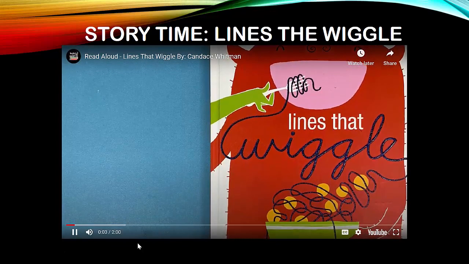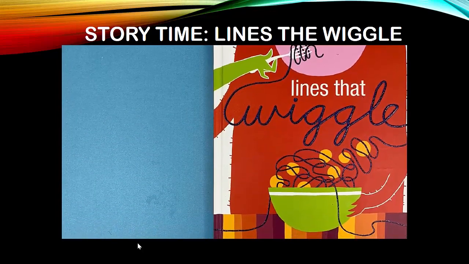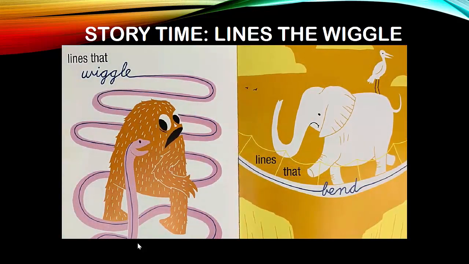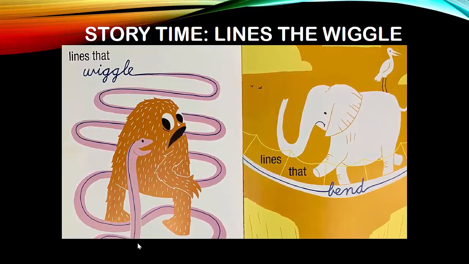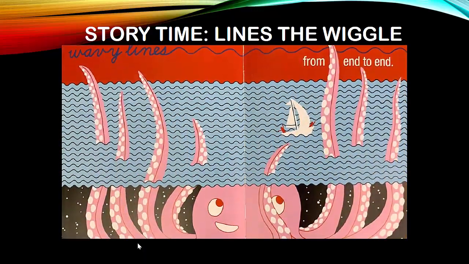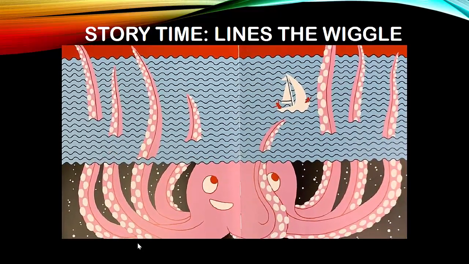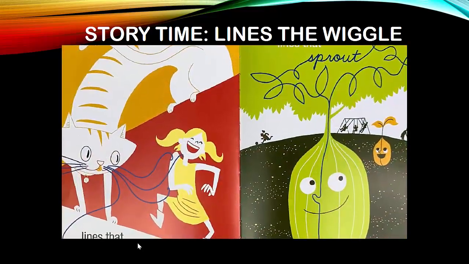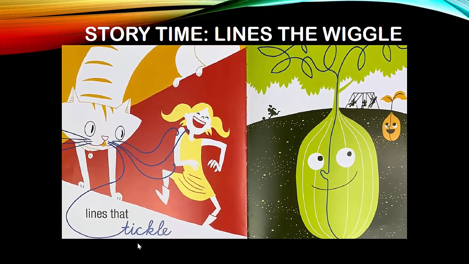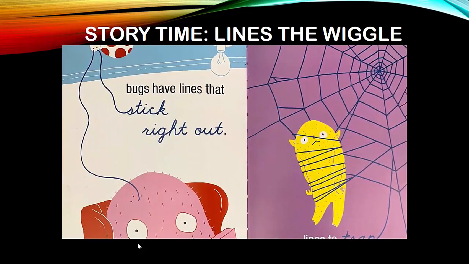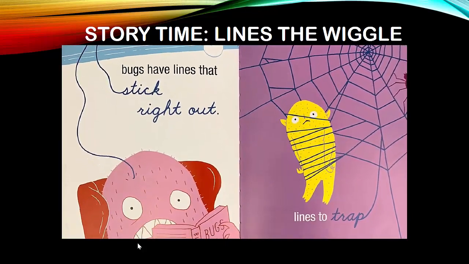Lines That Wiggle by Candace Whitman, illustrations by Steve Wilson. Lines that wiggle, lines that bend. Wavy lines from end to end. Lines that tickle, lines that sprout. Bugs have lines that stick right out. Lines to trap.